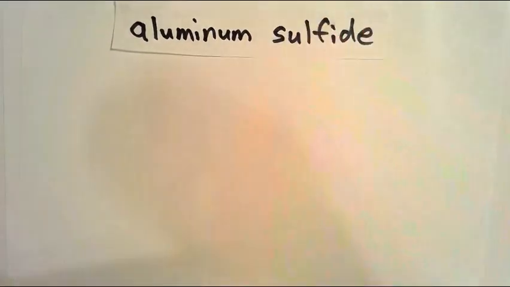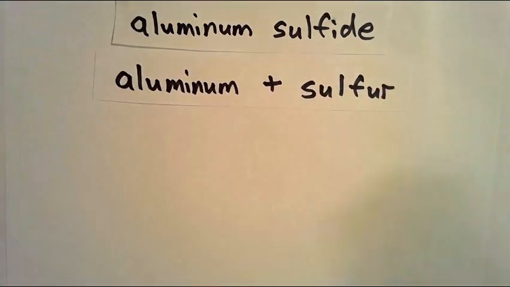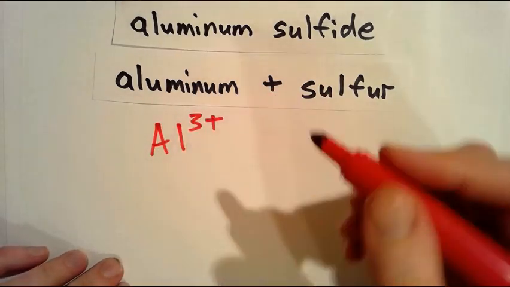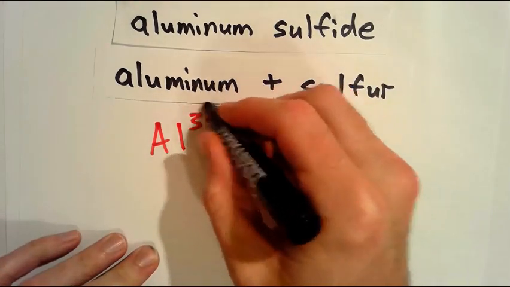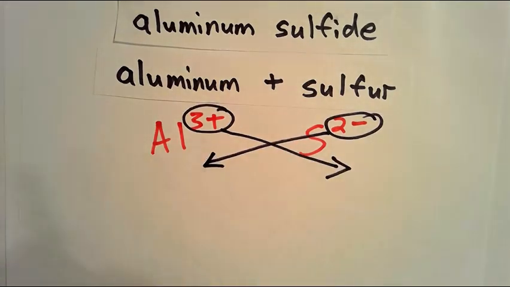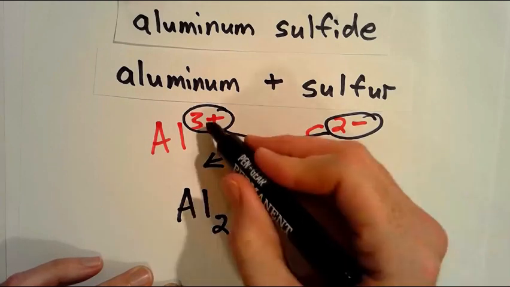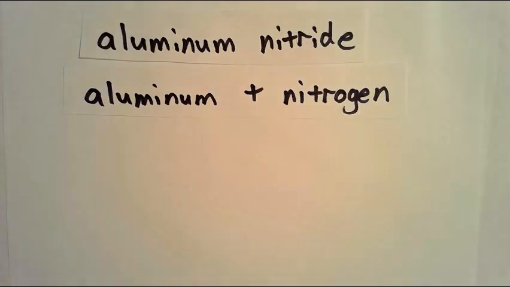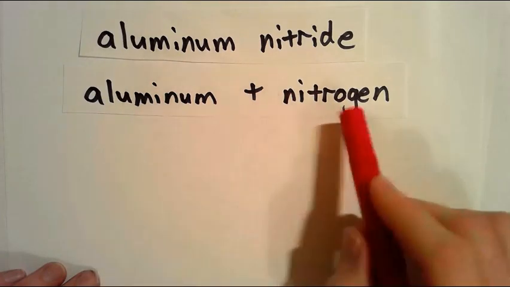But I'll give you some more examples. Aluminum sulfide is just aluminum plus sulfur. Aluminum nitride is aluminum plus nitrogen.